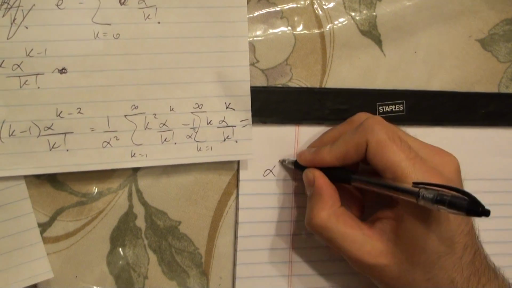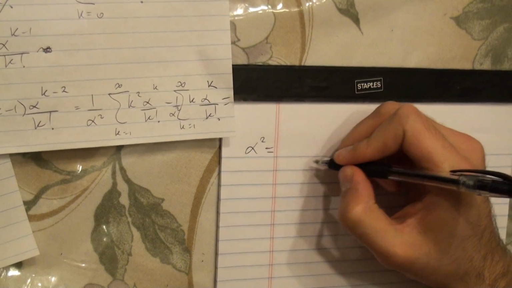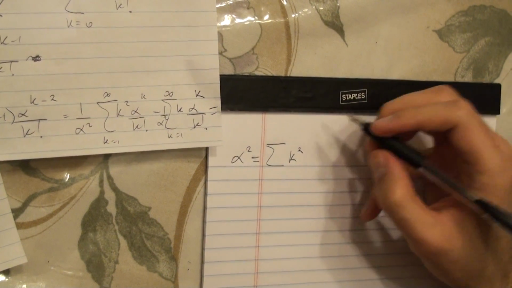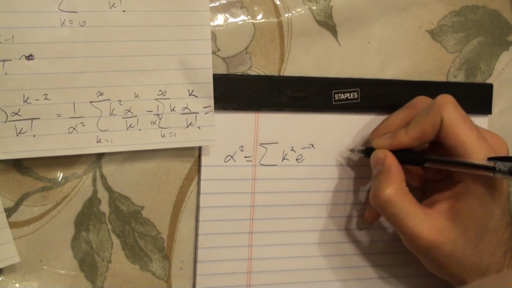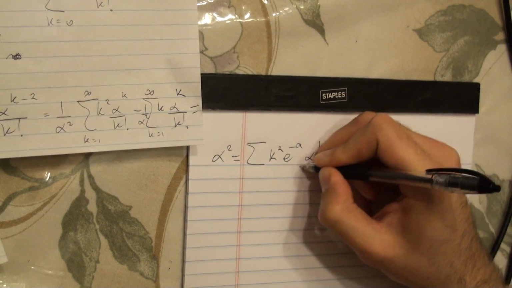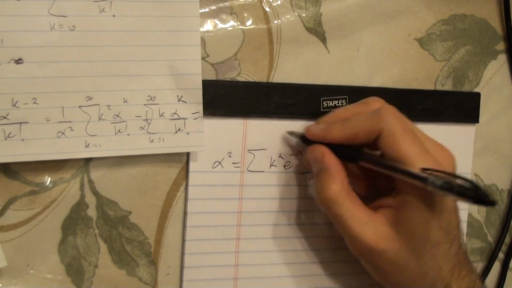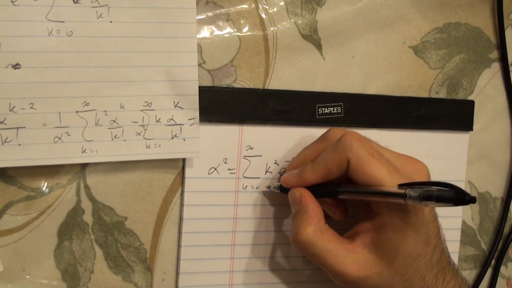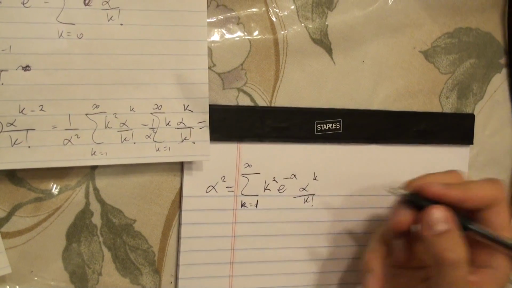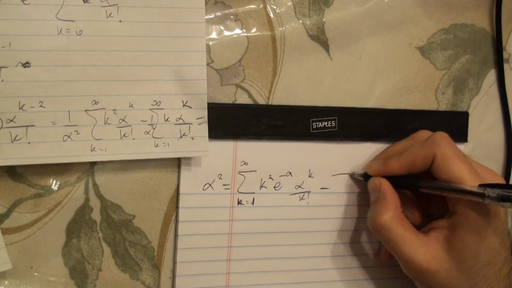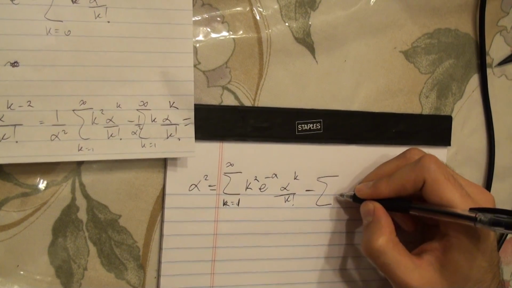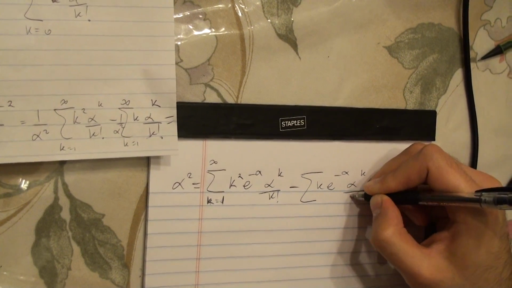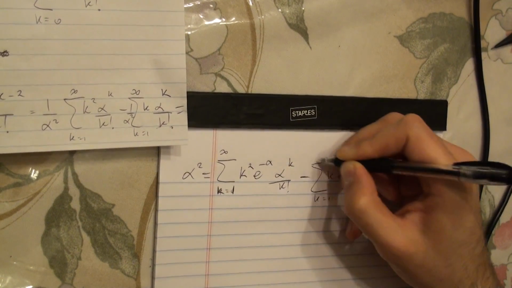So what I'm going to get is alpha squared equals the sum of k squared e to the minus alpha alpha to the k over k factorial, k from 0 to infinity, minus the sum of k e to the minus alpha alpha to the k over k factorial, k equals 1 to infinity.